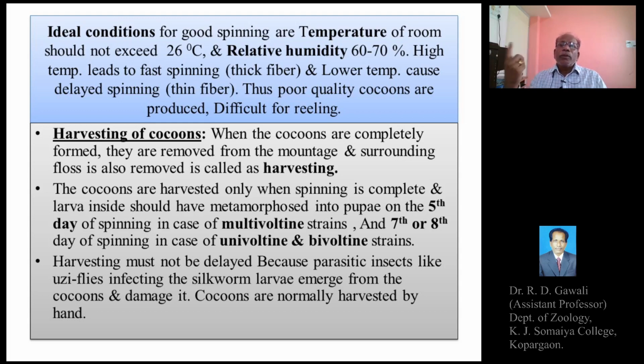The rate of rotation of the head while spinning will remain the same, but only the substance of the silk released through the spinneret will increase, and this will result in a thick silk thread.